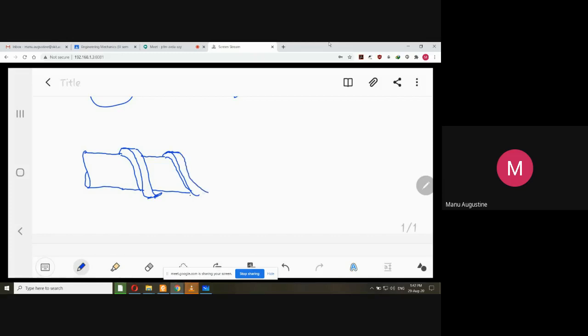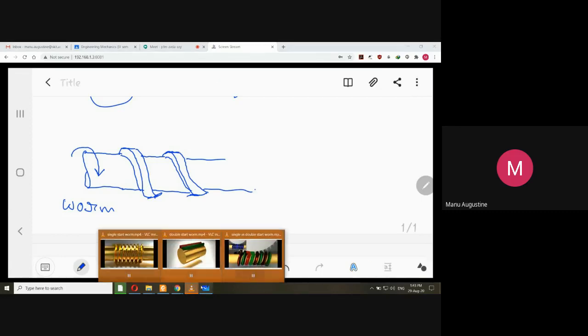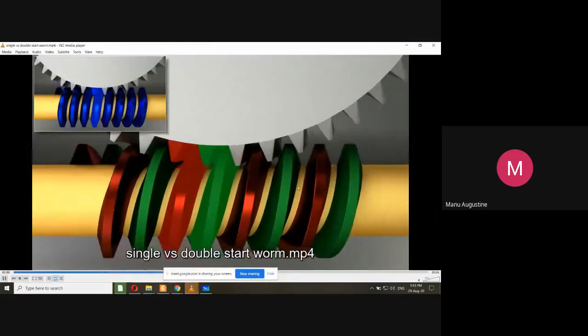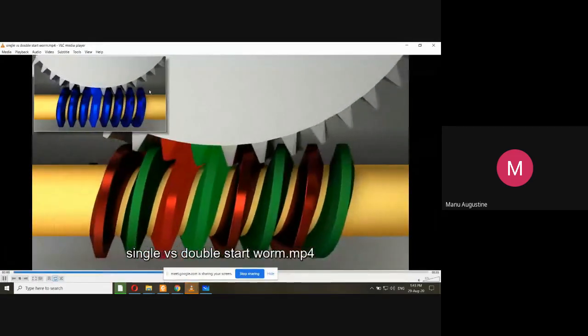Your screw threads are like this. Now, this screw can be considered as your worm also. As you have seen in the previous videos, the worm is nothing but threads on a shaft.